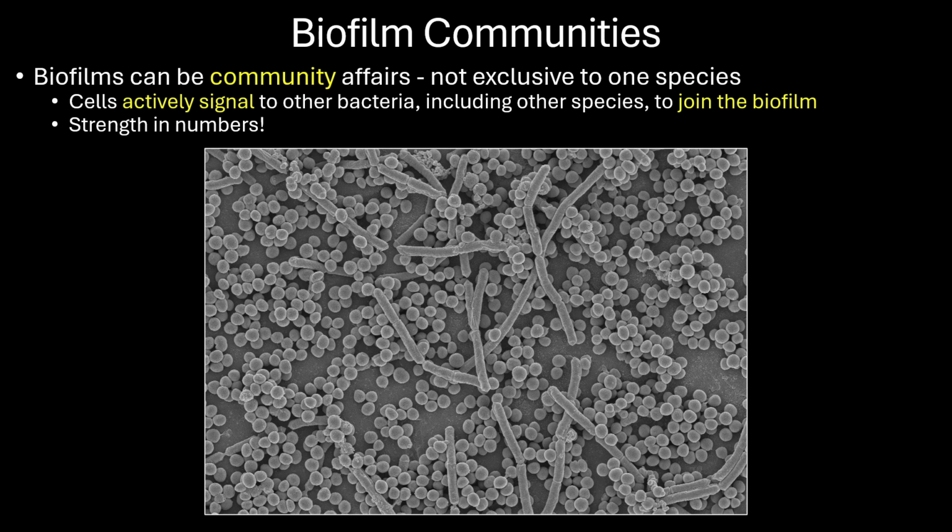And they do this not necessarily because they're truly altruistic, looking out for their neighbors, but because there's strength in numbers. The more bacteria they have on a surface, the less likely a predator that comes by is going to grab any particular cell. It's like the protection a herd of zebras gets from the herd itself, if that makes sense.